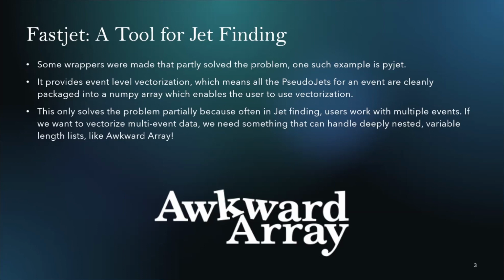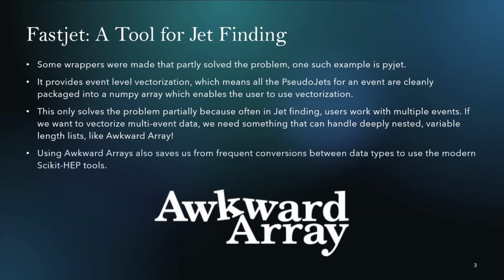What do you need to handle this multi-event data? Well, you need something that can handle deeply nested and variable length lists. Something that can do that is awkward array. Using awkward array also saves us from frequent conversions between data types, so you don't have to convert it into a new Python object to use any other scikit-HEP tool.